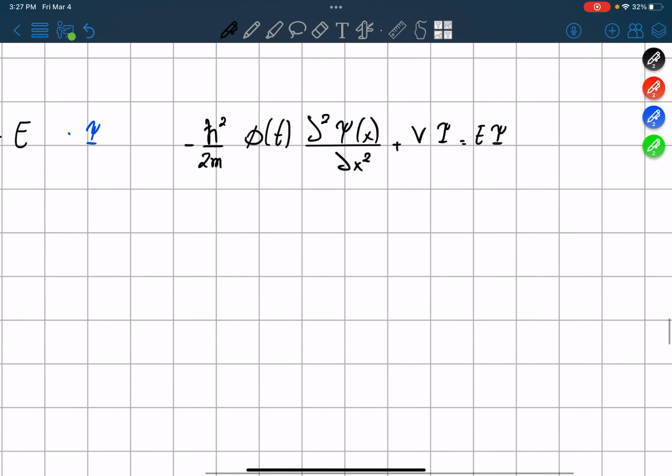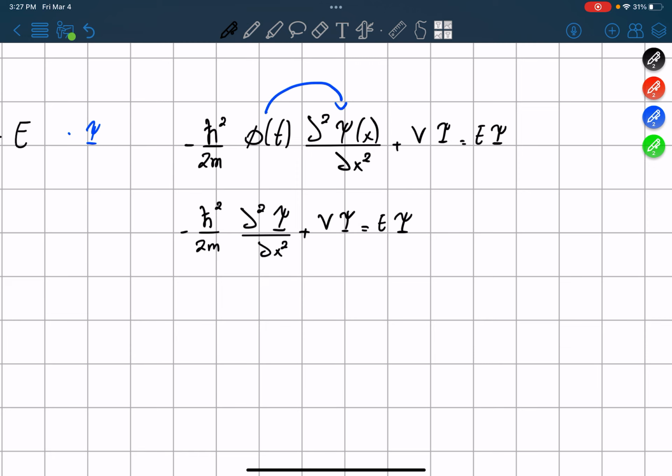Alright, so these two together, this one can be brought inside, it doesn't matter, it's a constant, and so we get negative h bar squared over 2m times the second derivative of our capital psi over dx squared plus V capital psi is equal to E capital psi.